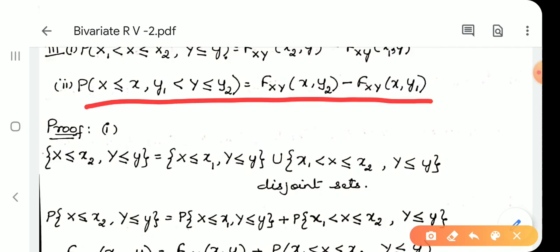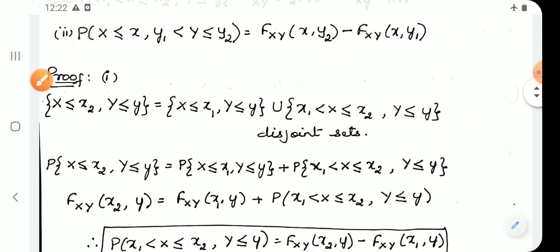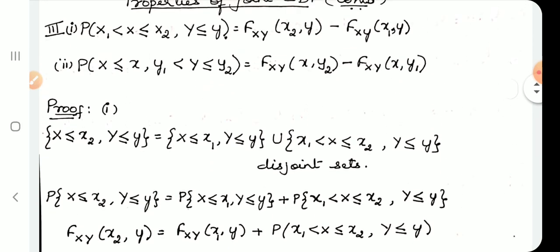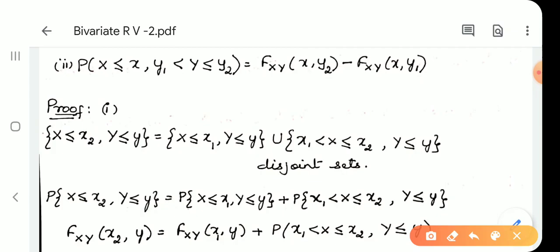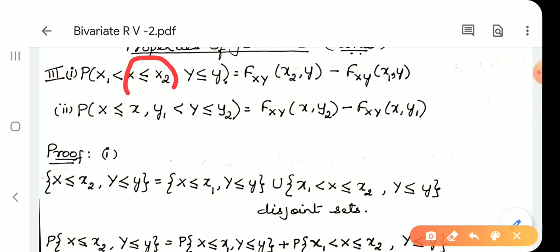So to prove this, as we have considered in the first point, here also we will consider the set. If you see here, in the previous one we have considered the set X less than or equal to x2. So here in the proof of the second we will consider Y less than or equal to y2.